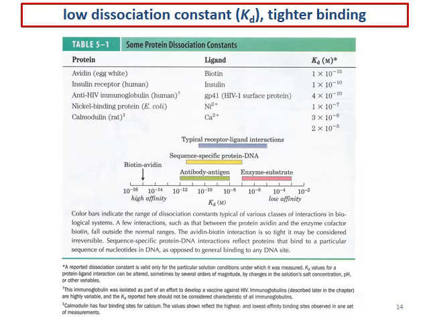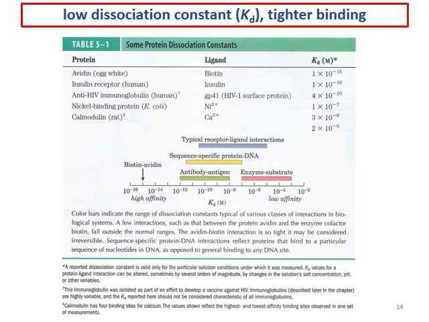Or if we look at the blue bar, it's typically the Kd range for ligands binding to receptors. And if we look at the pink bar, it's typically the range of substrates binding to enzymes. And a few interactions, such as that between the protein avidin and the enzyme cofactor biotin, fall outside the normal range.